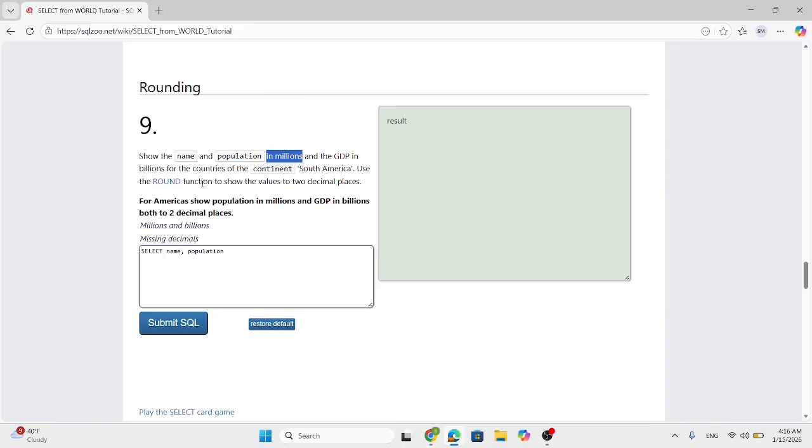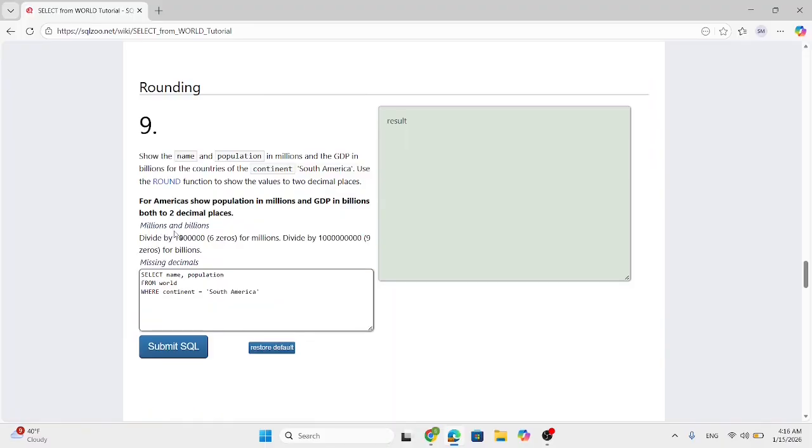And the GDP in billions for the countries of the continent South America, from world where continent equals South America. Use the round function to show the values in 2 decimal places.